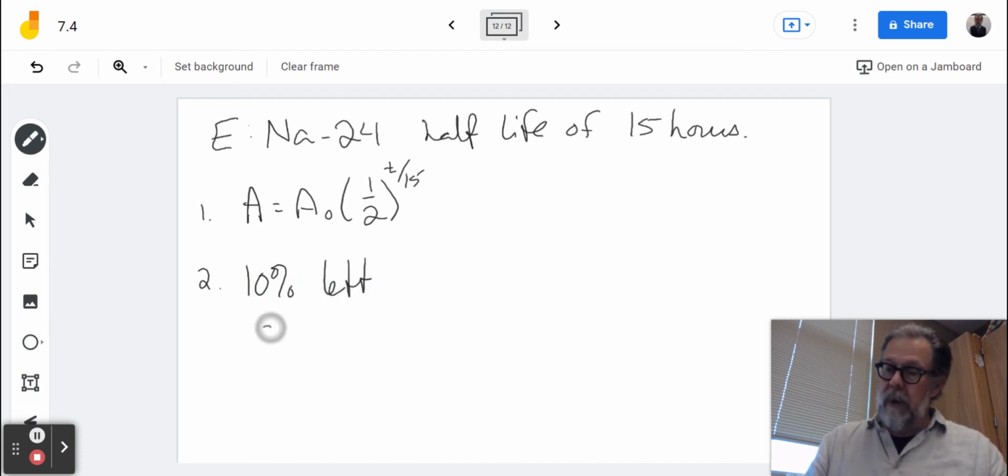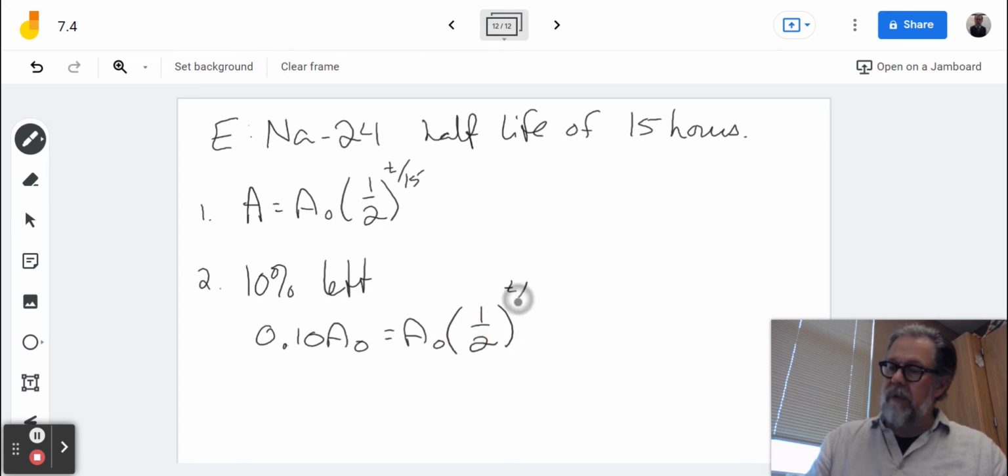We would be able to just say, when we have 0.1 of the original amount, that's equal to the original amount times 1/2 to the t over 15. Reduce those. Natural log of 0.1 is equal to t over 15 times the natural log of 1/2.